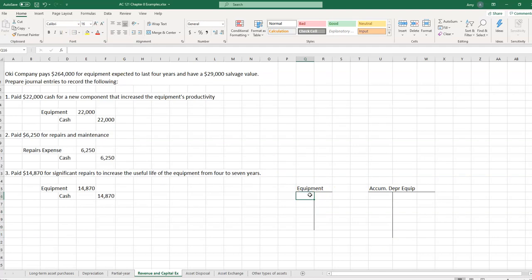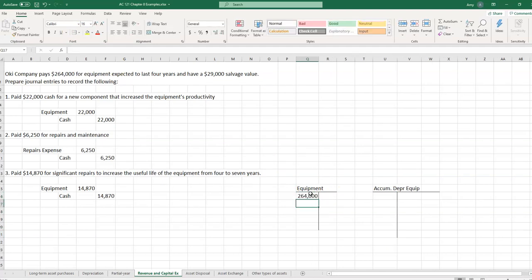So we would have recorded the $264,000 cost of the equipment and now this capital expenditure that increased the useful life. We're at the end of year 2, so we would also have 2 years of accumulated depreciation.